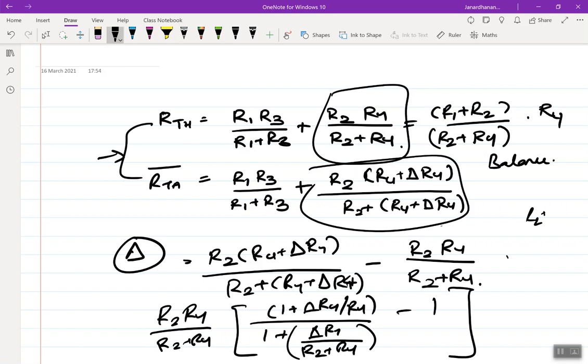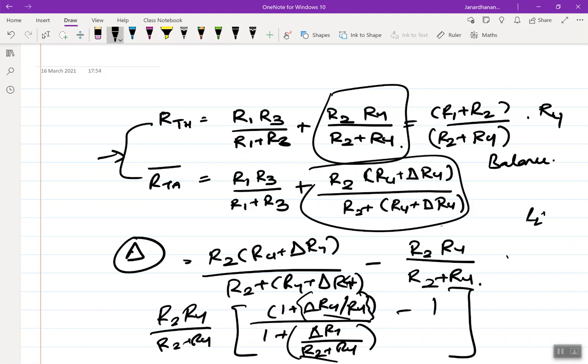So you would see that delta R4 is getting reduced by such a factor that this error is very, very close to 0. So you can assume that the Thevenin resistance doesn't change significantly.